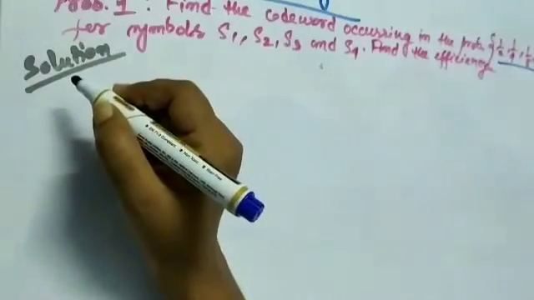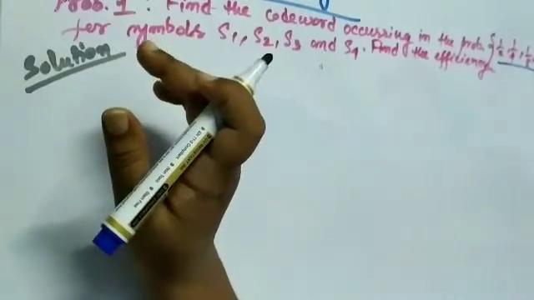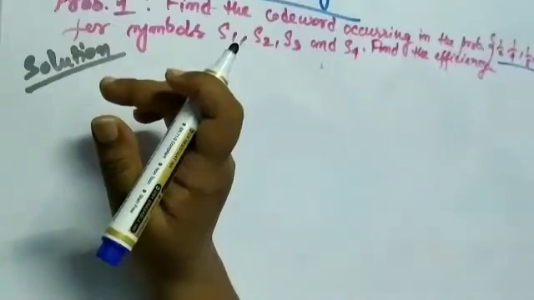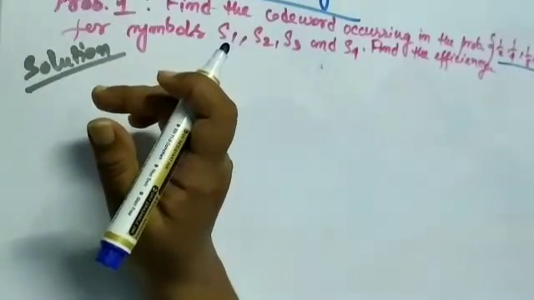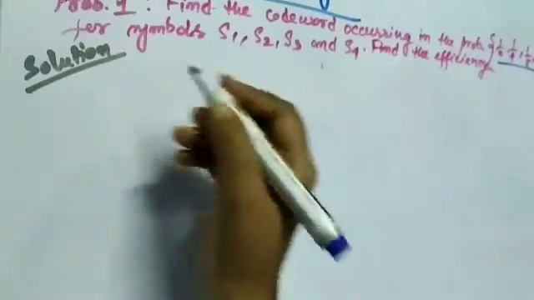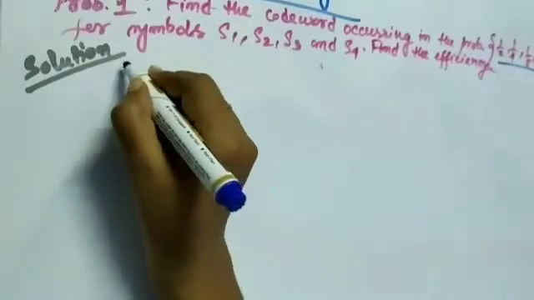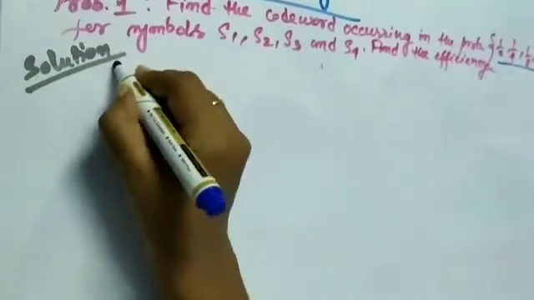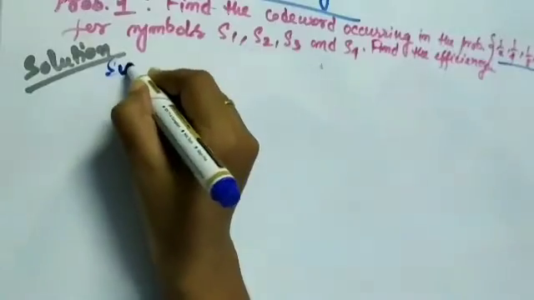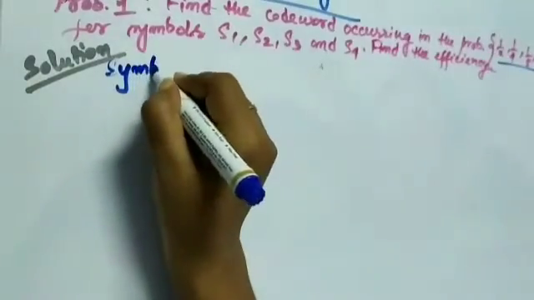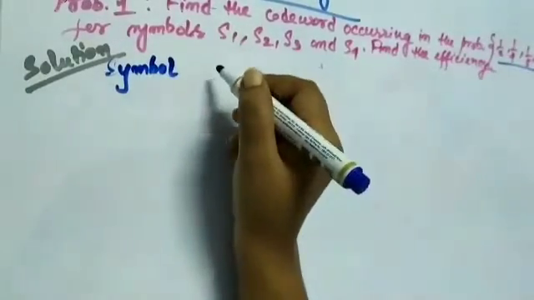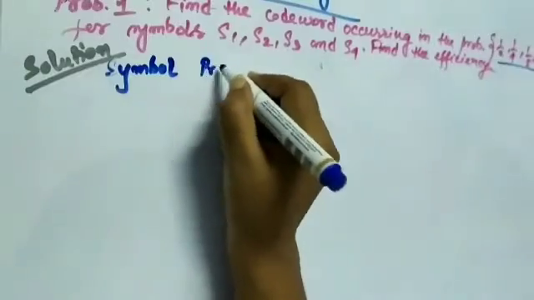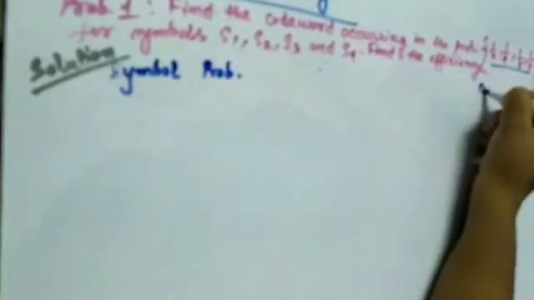The first algorithm step is to arrange all the probabilities with the symbols in decreasing order. So you write 3 columns. In the first column write symbol. In the second column write probability. And lastly, code word.